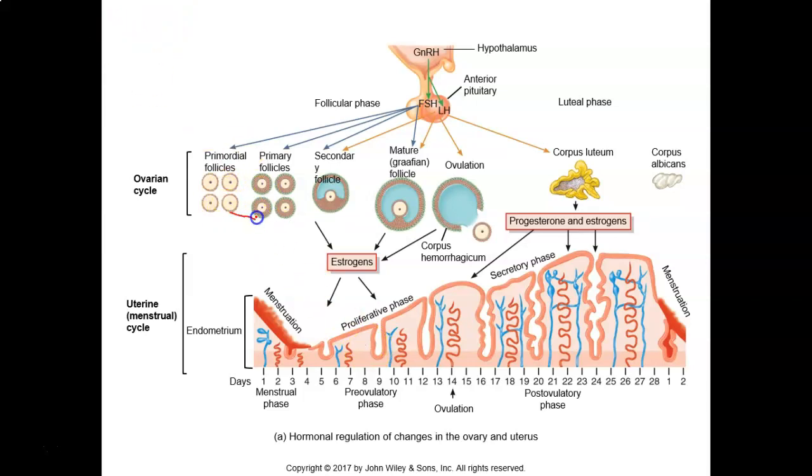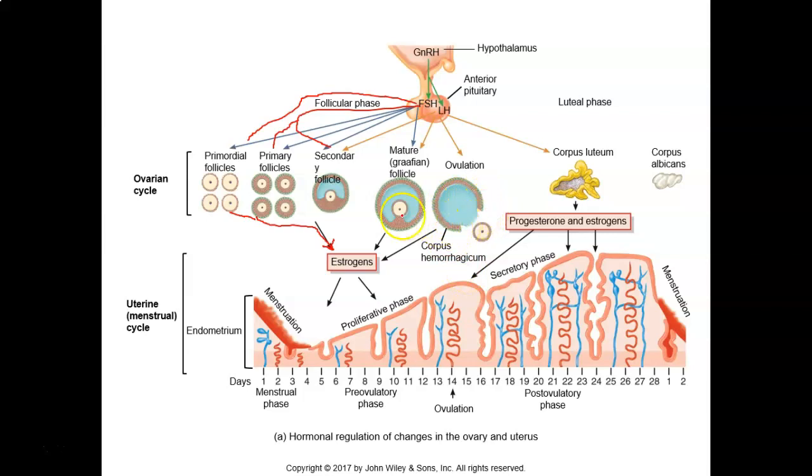The primary follicles, as they develop, begin to pump out estrogen. The reason they developed was because FSH was produced, which causes, again, the maturation of the follicle. As the follicles mature, they pump out more and more estrogen, which proliferates and thickens the endometrial wall.